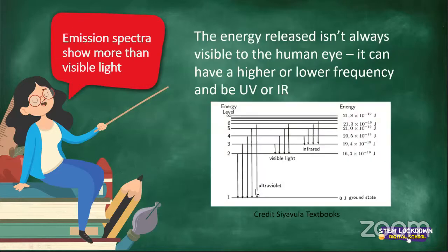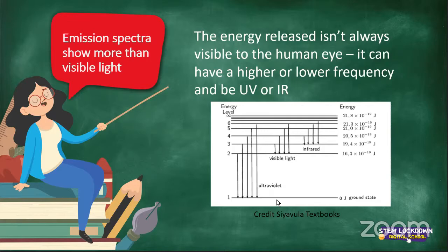If you look at this picture over here, you will see that on the right-hand side, there's a bunch of joules, and on the left-hand side, it's the energy level. So what they're showing you is the first energy level, which we call the ground state. That is normally the state in which your electron is without the atom being excited, as it is in its normal environment.